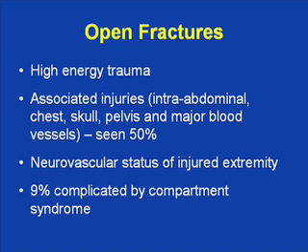Okay, so those are for closed fractures. For open fractures, most open fractures come from high energy trauma. Most of these are patients that have had a lot of associated injuries. The statistics are that 50% of patients that have open fractures have associated injuries like intra-abdominal, chest, skull, pelvis, or major blood vessels. You can understand how a broken leg is not the priority. Okay?